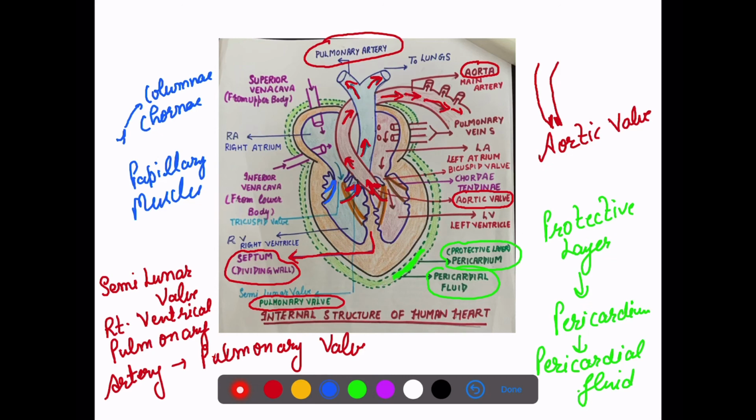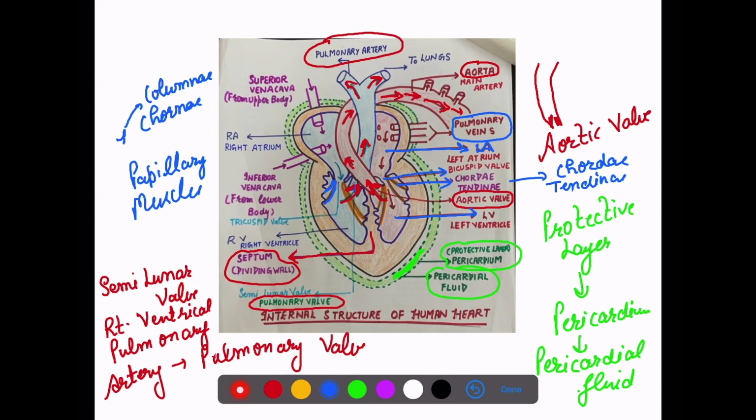Now on the left side, we have pulmonary veins which are bringing oxygenated blood. This is our left atrium, right? And their valve is the bicuspid valve, and these are our chordae tendineae. Let's write it here, chordae tendineae, right? And this is the left ventricle. So this is all about the internal structure of the heart.